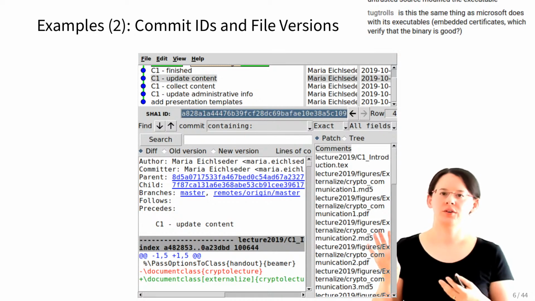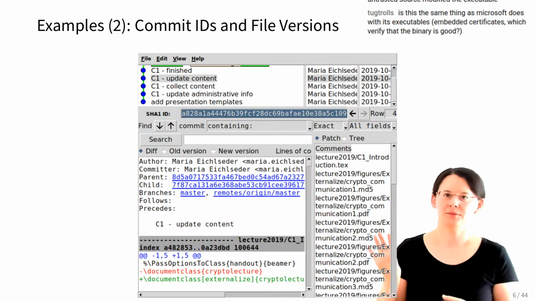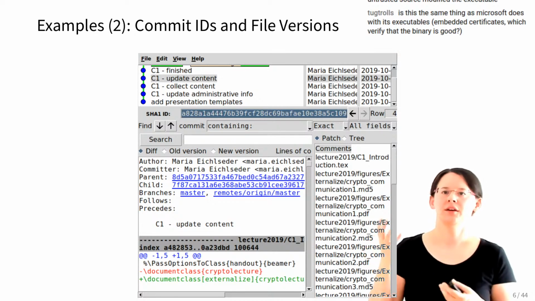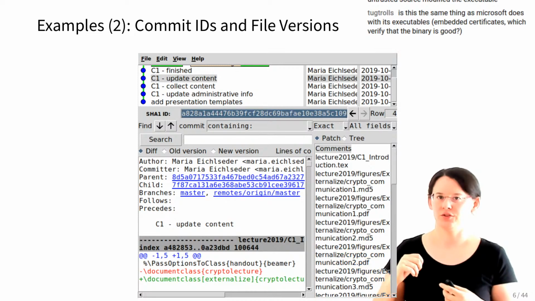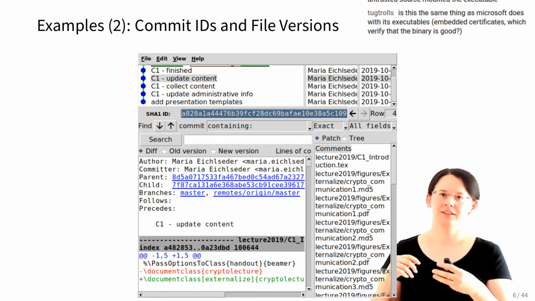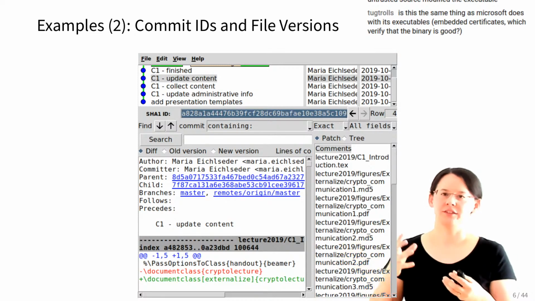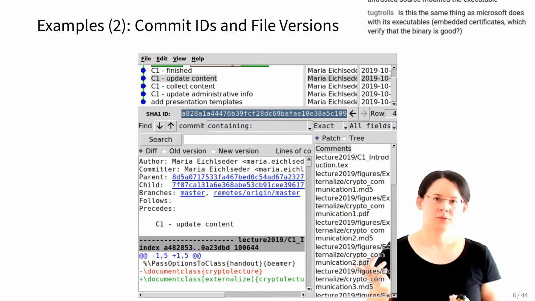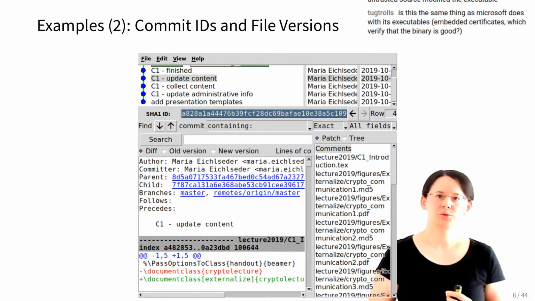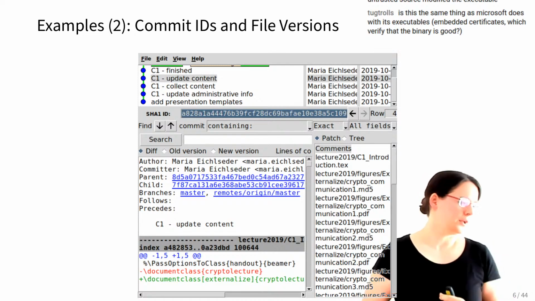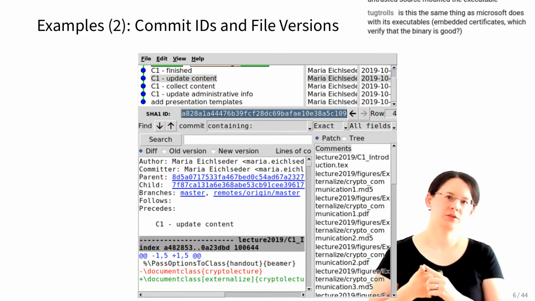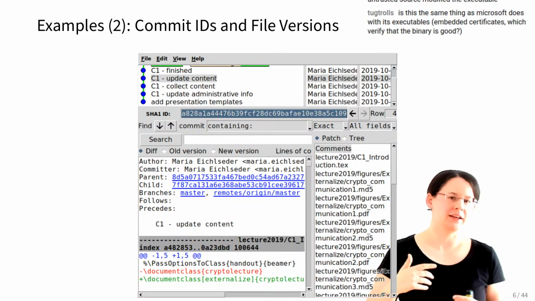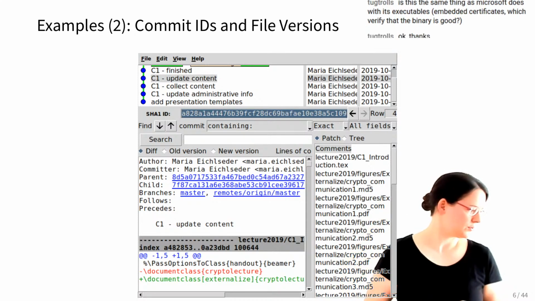And your computer or your app store comes preloaded with the certificates that it should trust. And then with the certificates, it can verify that the signature is actually correct and from the owner of the certificate. But we will have a closer look at how this mechanism works in 2 and 3 weeks' time, where we're going to look at asymmetric crypto and at applications and higher level questions.